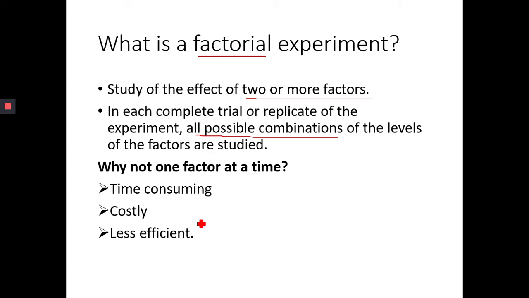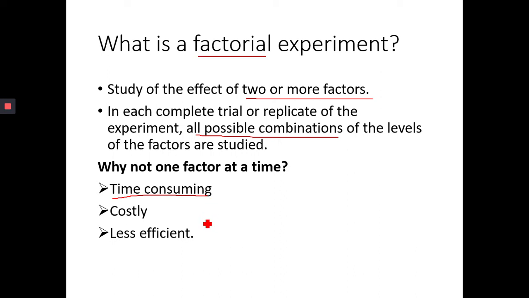So instead of doing that, you would rather put all the 4 people for as long as they can be accommodated. You drive all of them at once. So we don't use one factor at a time because we want to save in terms of time. So that is the instance of factorial.